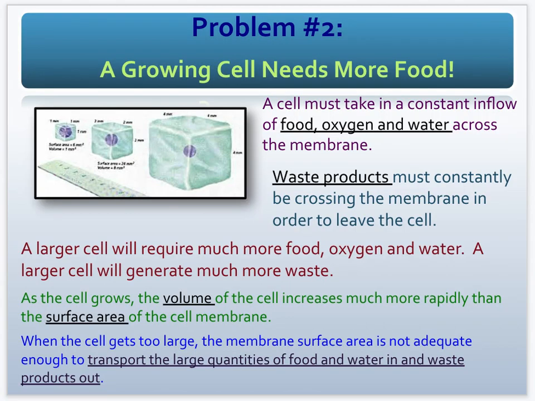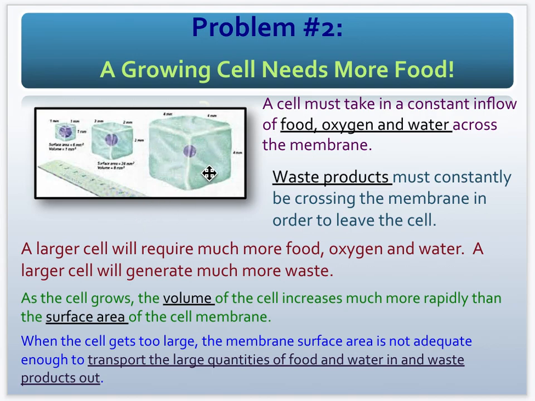And then this is a good slide talking about how if you have something like the nucleus, if it's surrounded by something small, it's easy to get waste in and out and to communicate with something small. But if that same nucleus is in something much larger, it's a lot harder to get waste in and out, to get messages in and out.